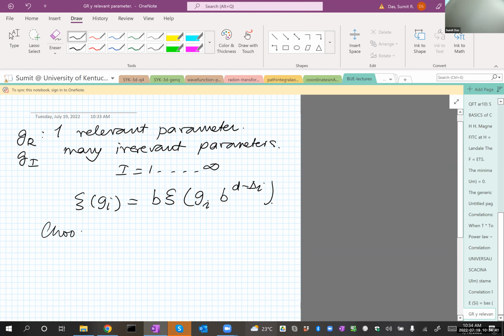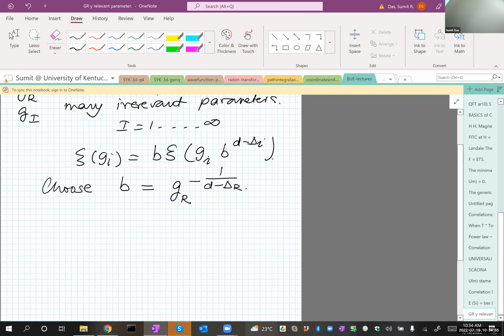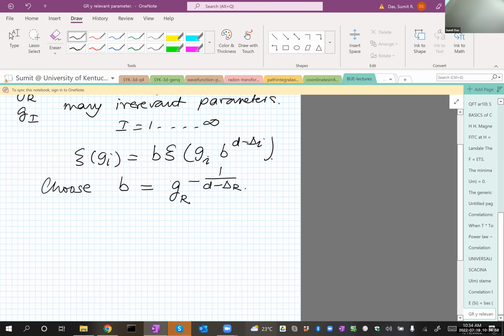So let's choose B to be, this is a clever choice, GR raised to the power 1 minus D minus delta R. So let me write this equation in terms of this GR.